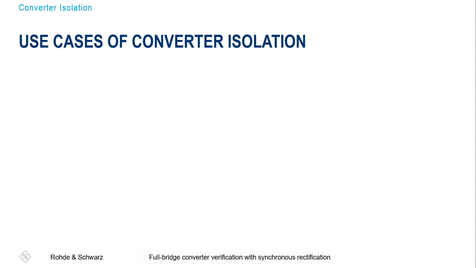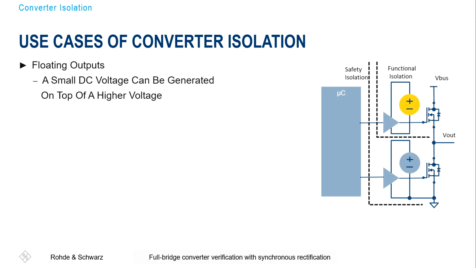Use cases of converter isolation: well, there are some of them. In the power electronics world, we always have the problem of providing a small supply on top of a higher voltage potential, and that is exactly what is required for the high side driver, because we have this output switch node that goes up and down at high voltage potentials.